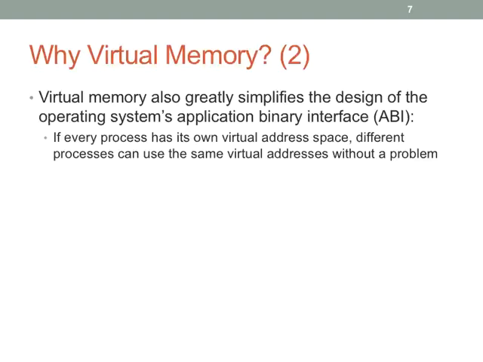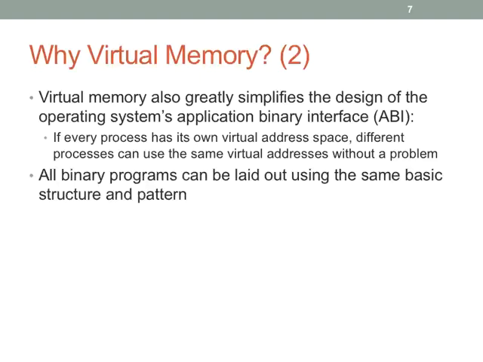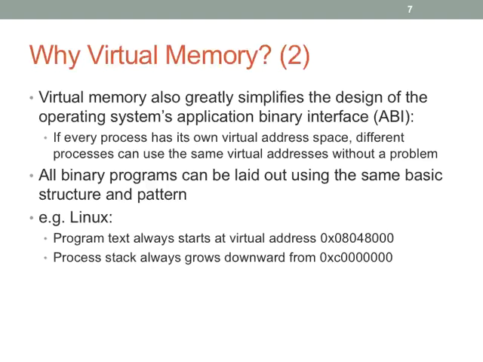So anyway, the ABI design is obvious here: if you can isolate people's physical address spaces and give them the same virtual address space, then we can lay them all out the same, and that makes our operating system implementation a little bit easier. So this is the 32-bit Linux process layout.